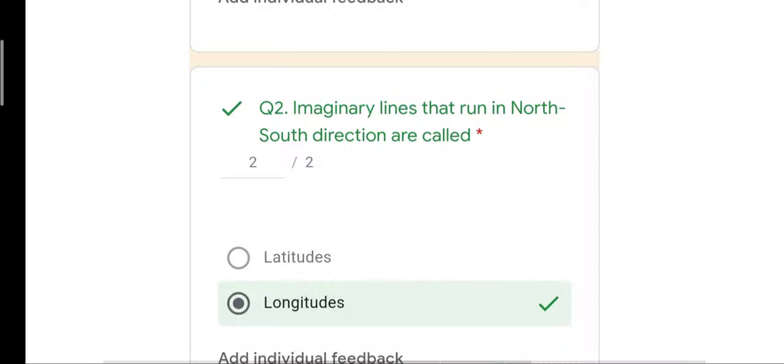So longitudes will be running vertically from North Pole to South Pole, whereas latitudes are the horizontal lines that run in east to west direction. So don't get confused. Longitudes run in north-south direction and latitudes run in east-west direction.